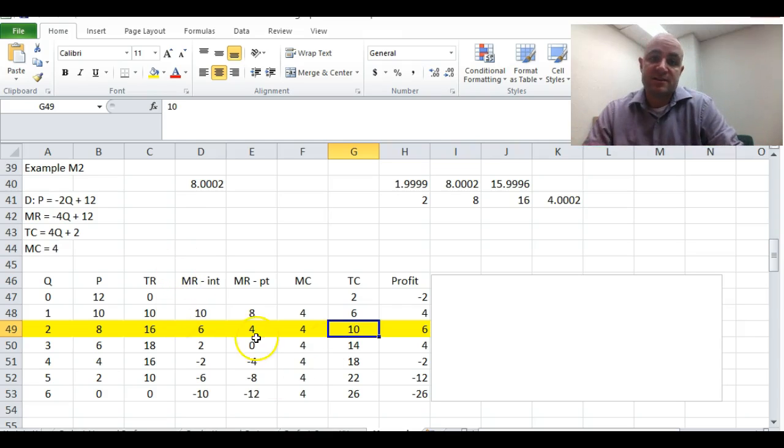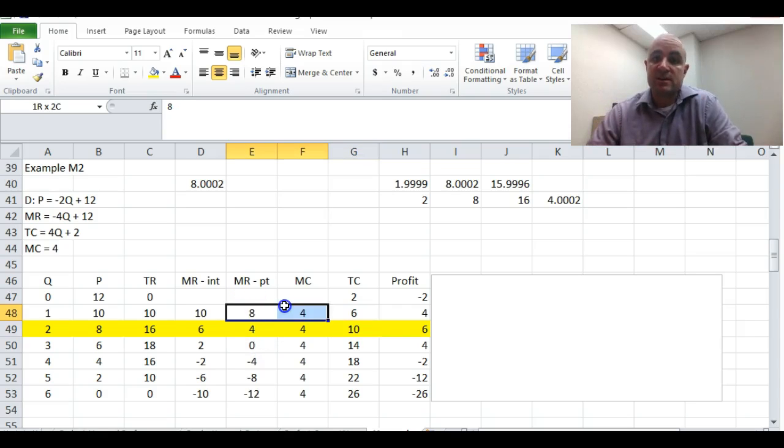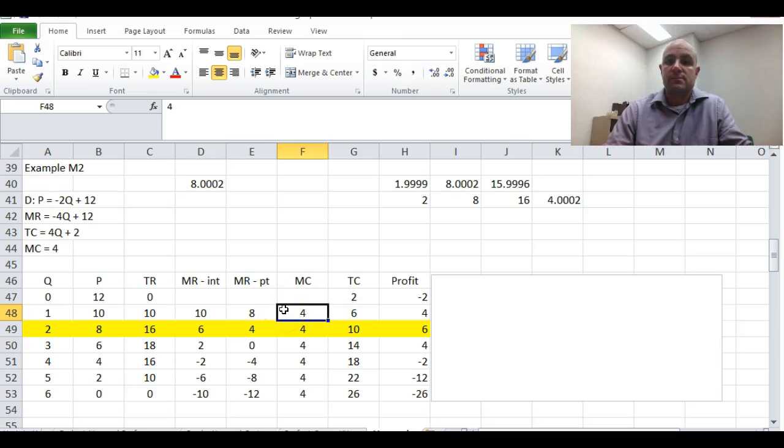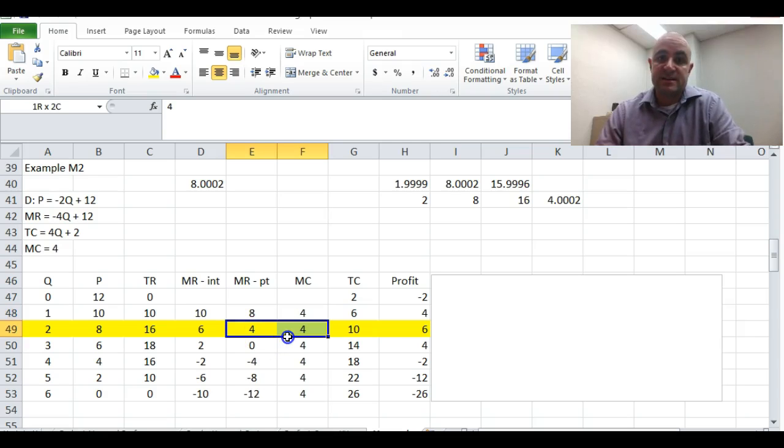So when we look at this, if we were just going to focus on the marginal revenue at a specific point, by producing the first unit, they're going to make 8 units of revenue. It's going to cost them 4. So they're going to make 4 additional dollars of profit. On the second, the revenue they're going to collect is going to be 4.